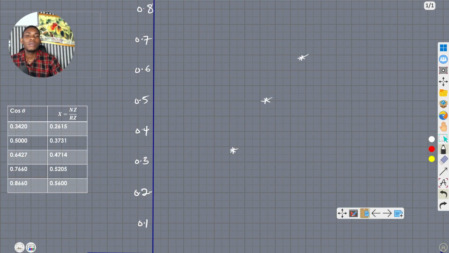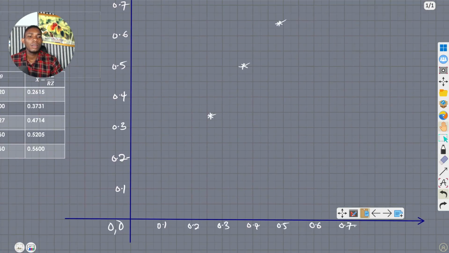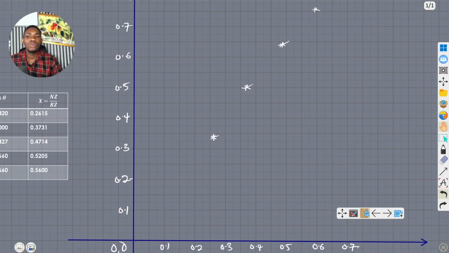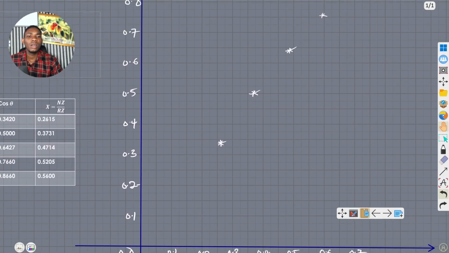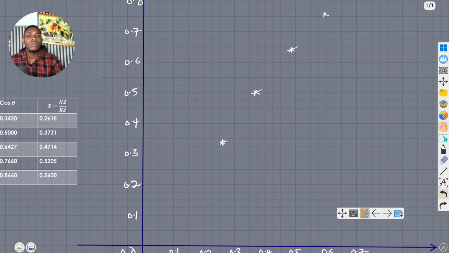I can't see 0.52, but I know this is 0.7. 0.76 will be a little bit above here. Then let me just mark this point and then trace 0.52, which is just a little bit above this line.